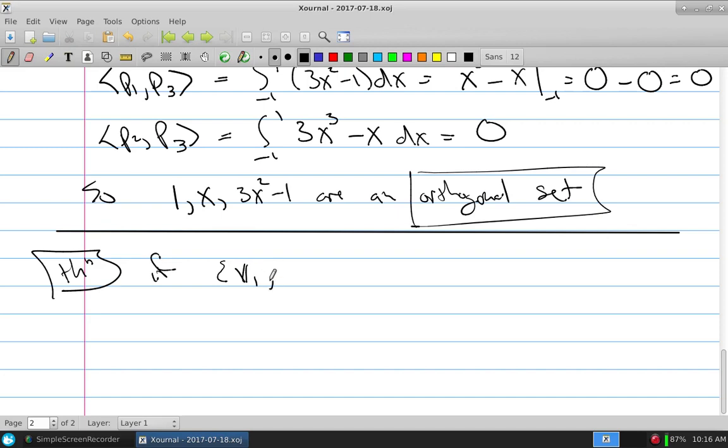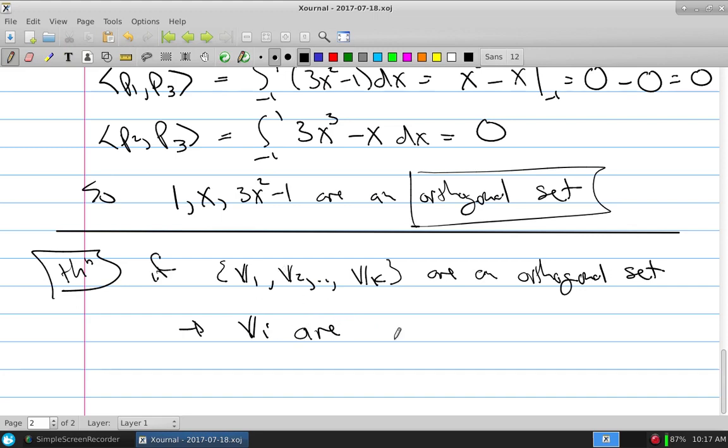If the V1, V2 up to Vk are an orthogonal set, that actually says that not only are the Vi orthogonal to one another, they're linearly independent. But if they're linearly independent, they start to form a basis for their span.